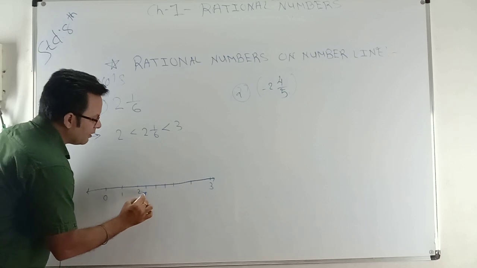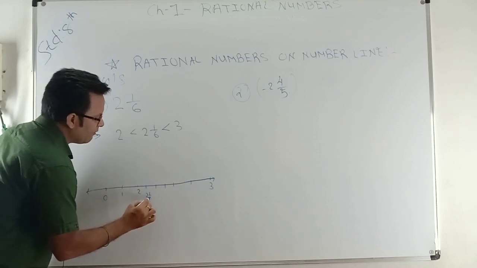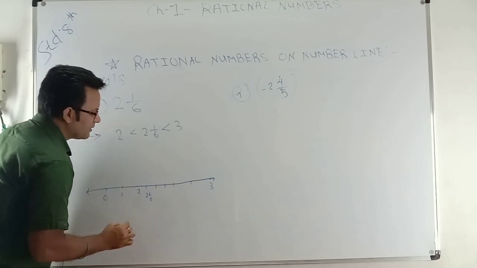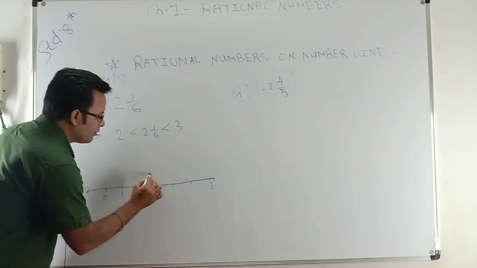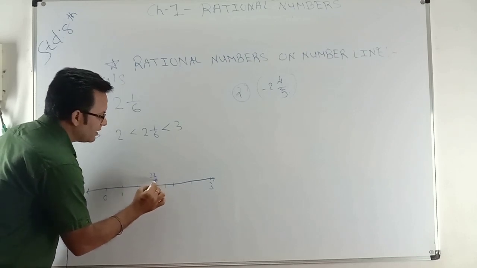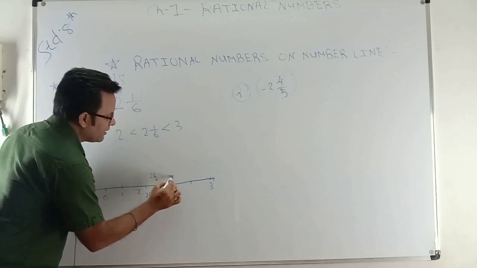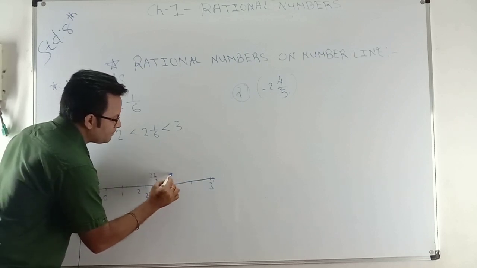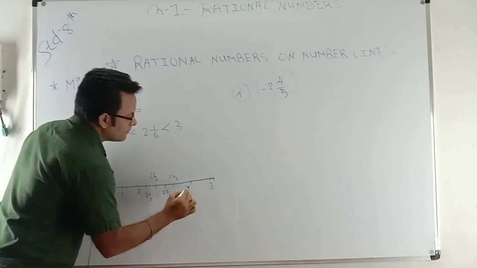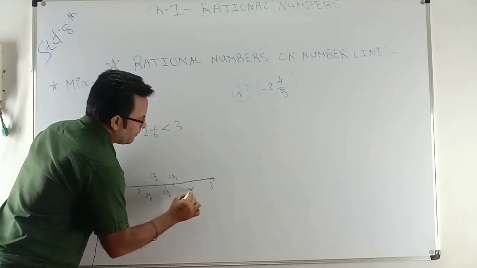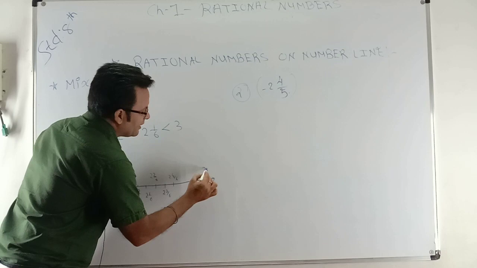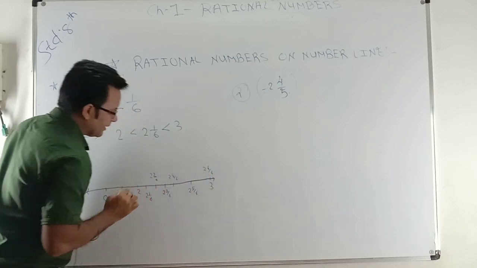Now our required number is 2 integer 1 upon 6. So 2 integer 2 upon 6, 2 integer 3 upon 6, 2 integer 4 upon 6, 2 integer 5 upon 6 and 2 integer 6 upon 6.